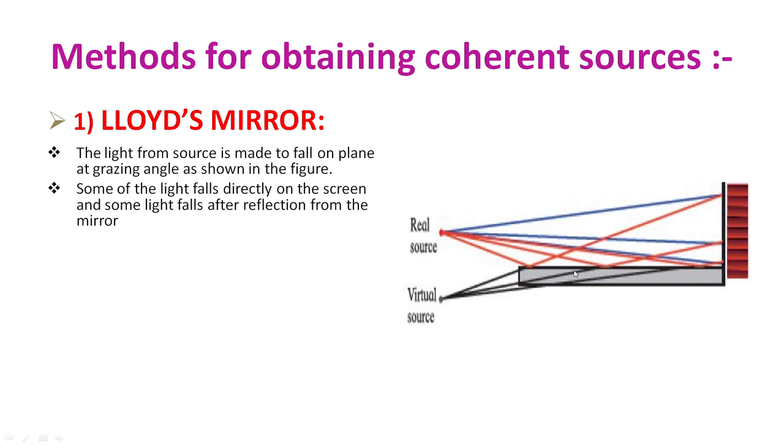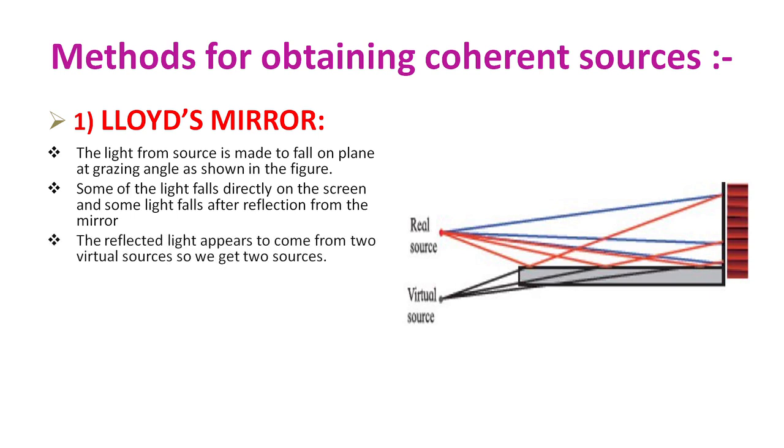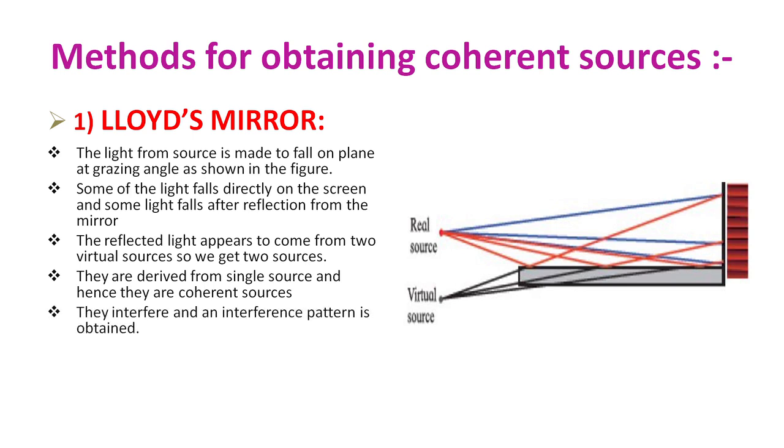This one is the direct light. This is reflected. The reflected light appears to come from a virtual source. So we get two sources, and here they are derived from the single source and hence they are coherent sources. They interfere and the interference pattern is obtained as in figure. This is the first method to obtain the coherent sources.